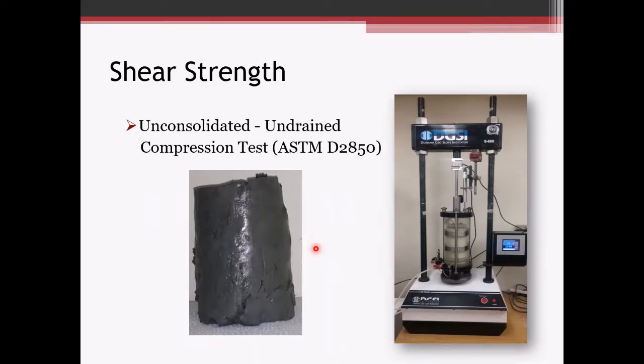The unconsolidated-undrained compression test, the UU test. Again, this is relatively simple and quick. The sample is placed inside a flexible rubber membrane, and then it's placed inside another cell. The outer chamber of the cell is filled with water to a specified confining pressure, and then the sample is immediately loaded to failure without the sample being able to consolidate.